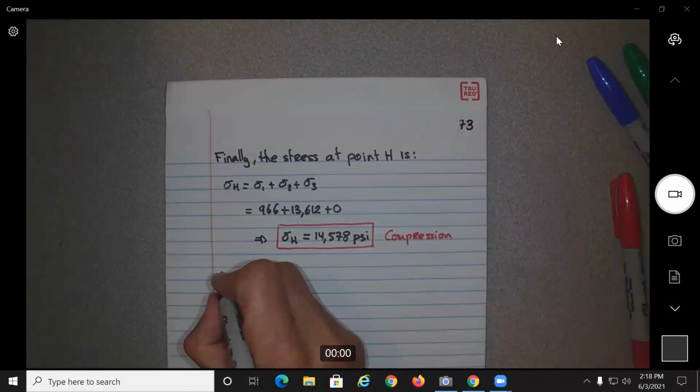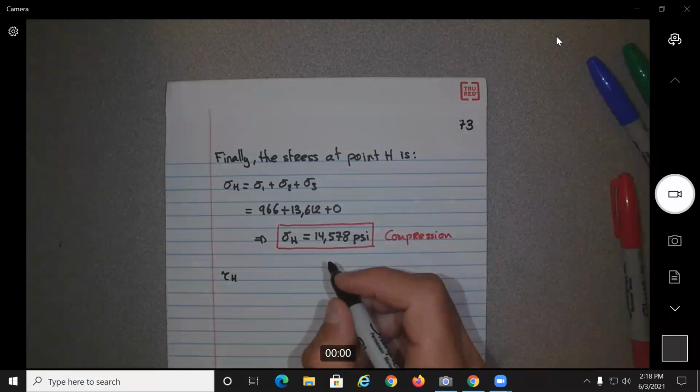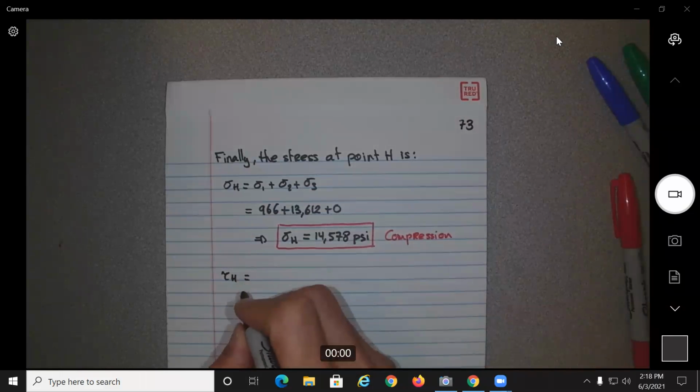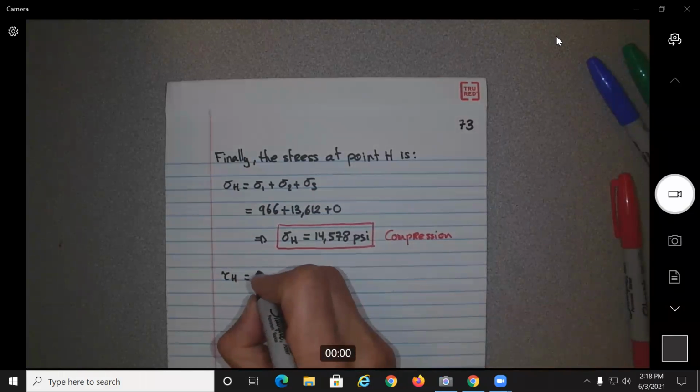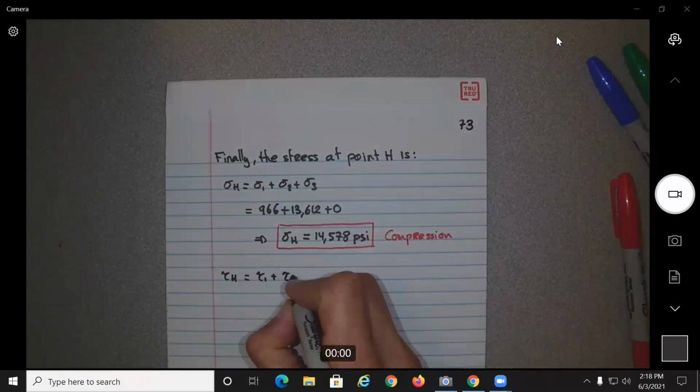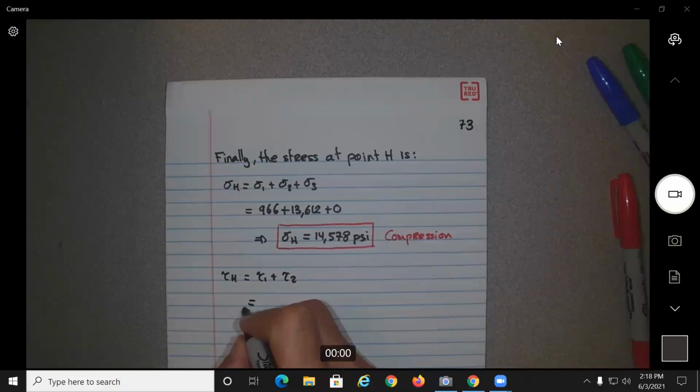And the shear is equal to what? What do we have? Tau 1 plus tau sub 2. So tau 1 was 5,355 plus tau 2 was 0, no?